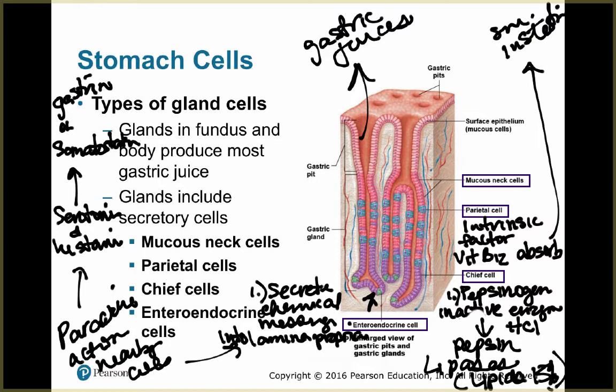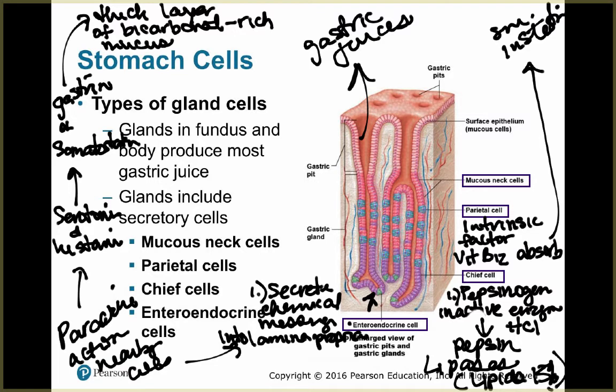Now this enteroendocrine cell that produces gastrin and somatostatin, these guys are important because essentially these help to produce a thick layer of bicarbonate-rich mucus.